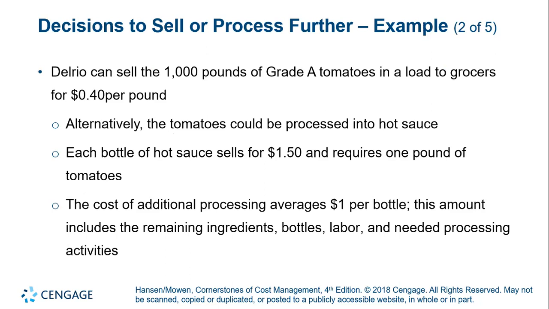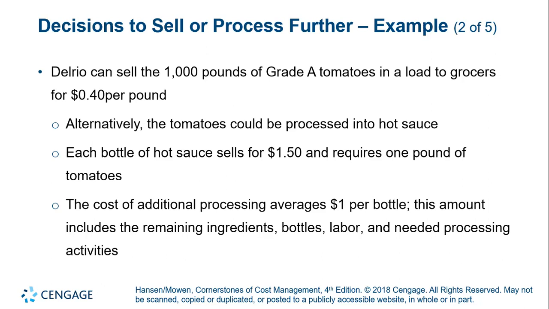Each bottle of hot sauce sells for 1.50 and requires 1 pound of tomatoes. The cost of additional processing averages 1 per bottle. This amount includes the remaining ingredients, bottles, labor, and needed processing activities.